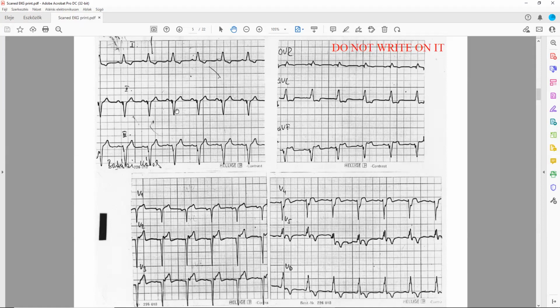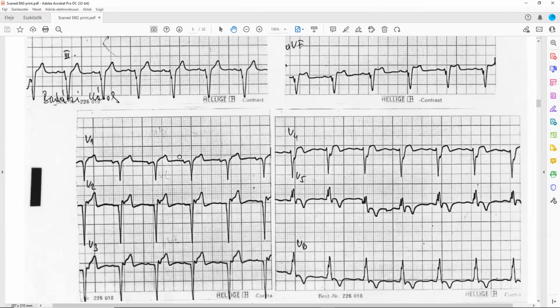The next one is Q waves. Can you see pathological Q waves? I cannot really recognize the Q waves in lead number 1. But what about here in V1 to V3?